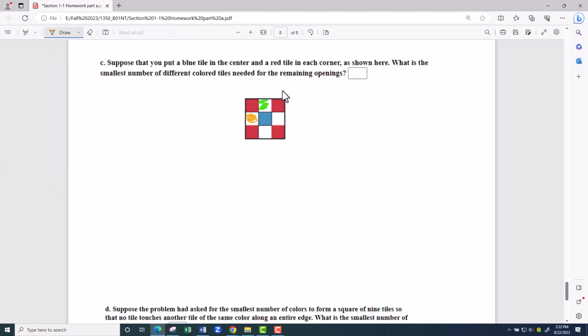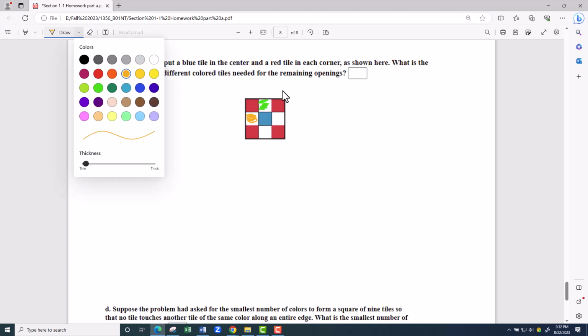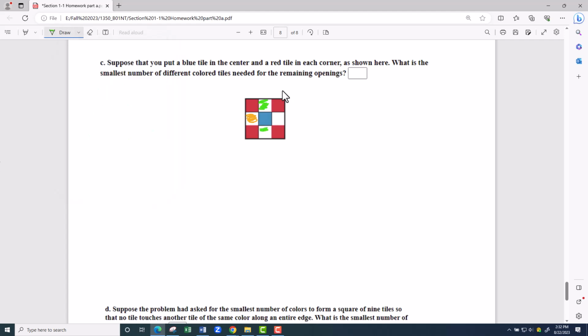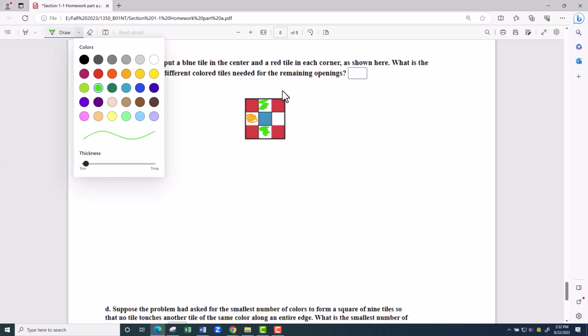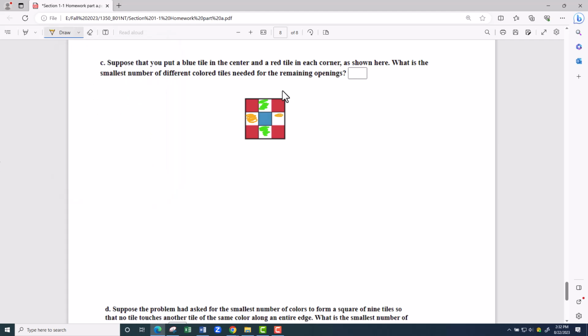Well, if I use a yellow here, I can't use a yellow here, so I'd have to go back to my green here, which is okay because it's not touching that green. And if I use the green here, I can't use a green here, so I'd have to use the yellow over here. So for the remaining openings, I would have to use 2 more colors, and they would have to be on the opposite sides for them not to touch at any point.